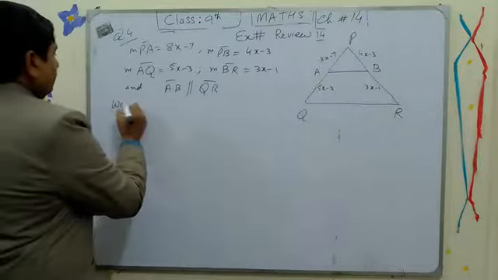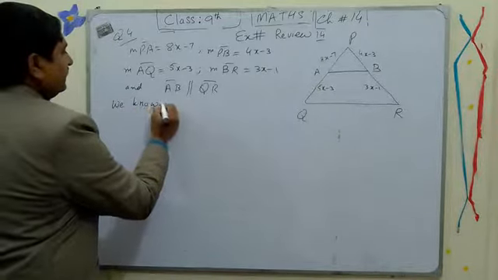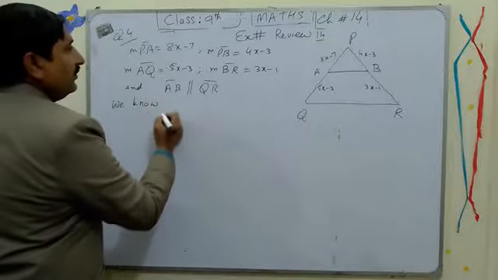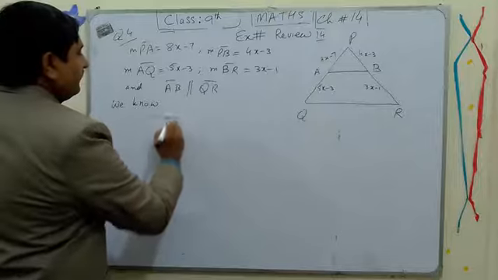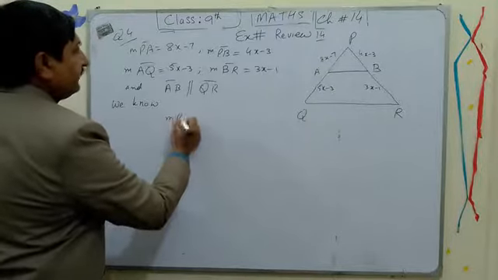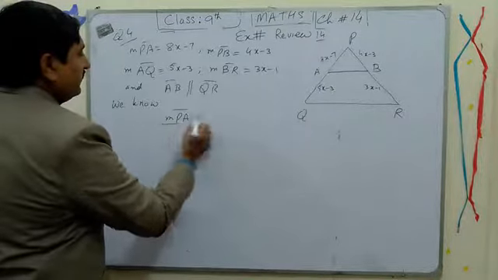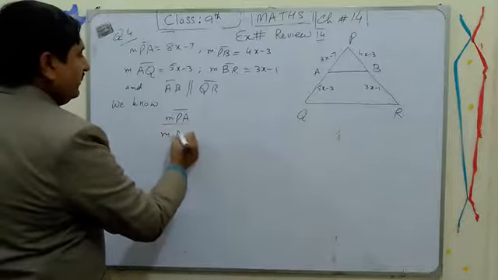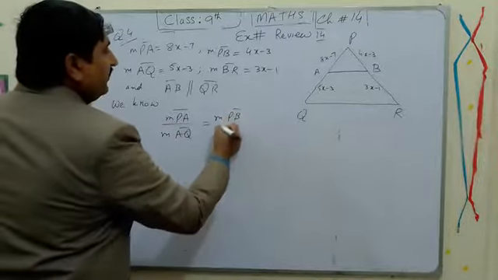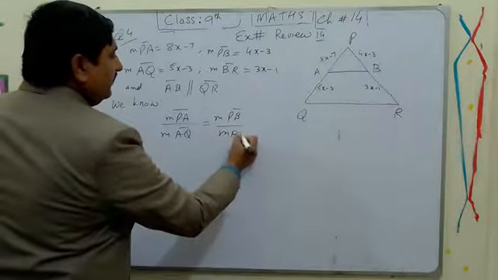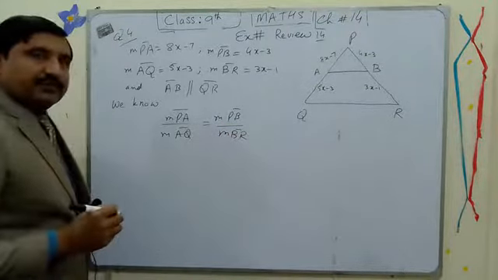So as we know, the ratio of PA over AQ must be equal to the ratio of PB over BR, right? This ratio will be equal.